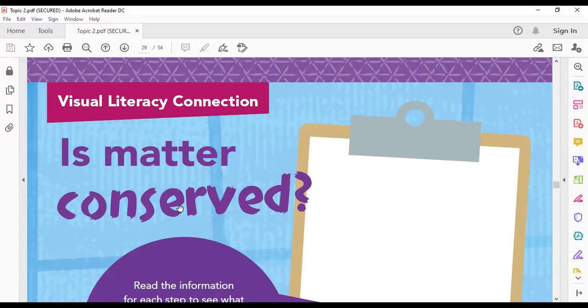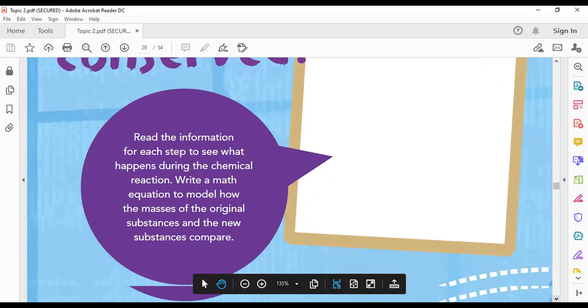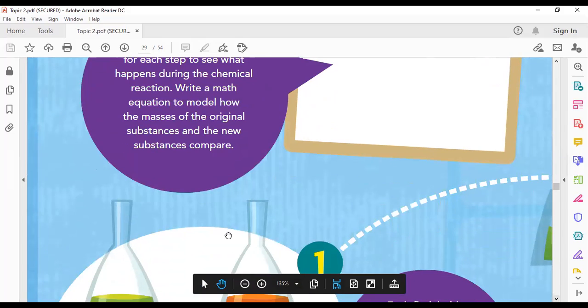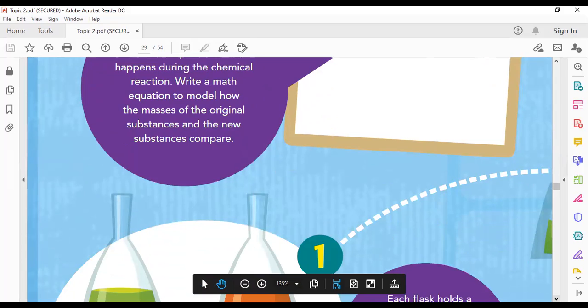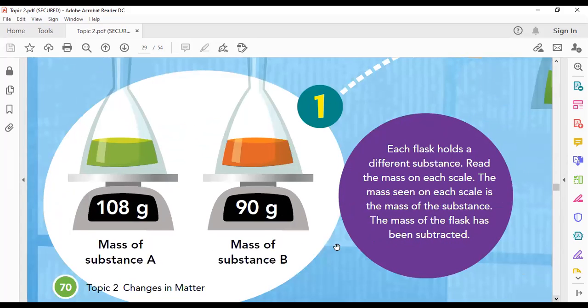So the answer is yes. But here is another example. Here we have two substances, A and B.